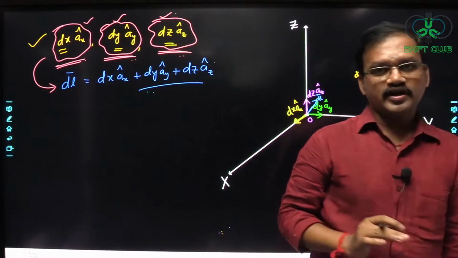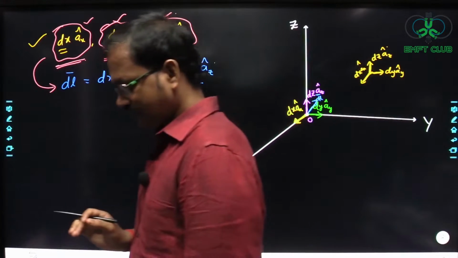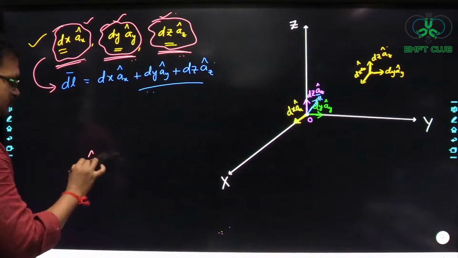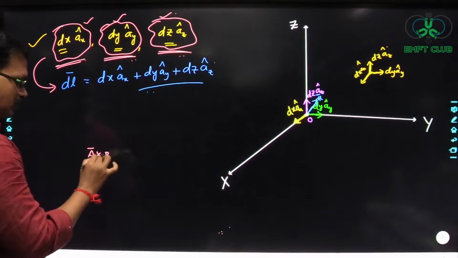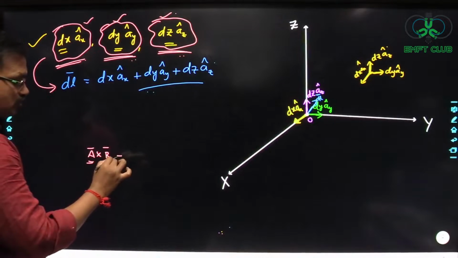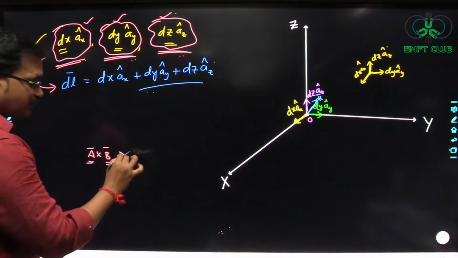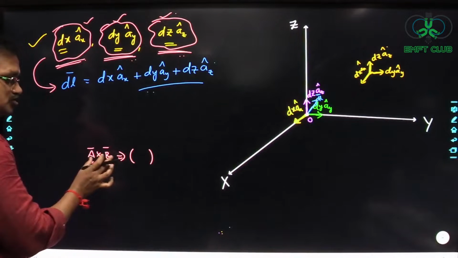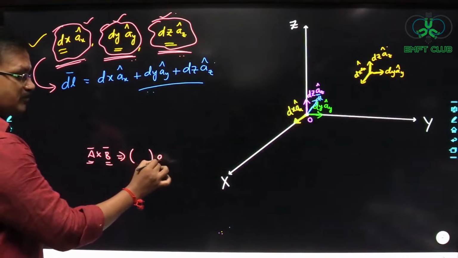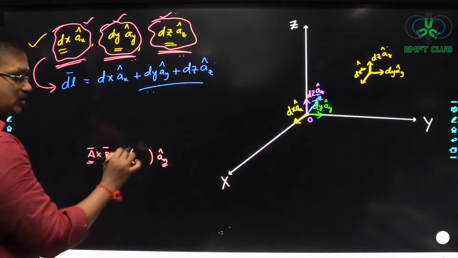how many differential areas can we form? See, I have already told you that if you do a bar cross b bar, that means the cross product between any two vectors, it gives you the surface area formed by these two vectors, and the direction of the surface area is given by the unit normal drawn to that surface.